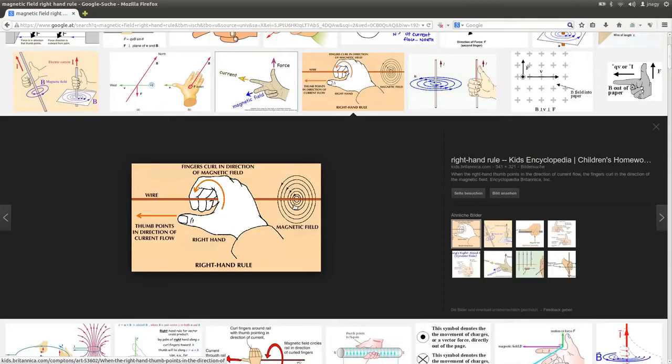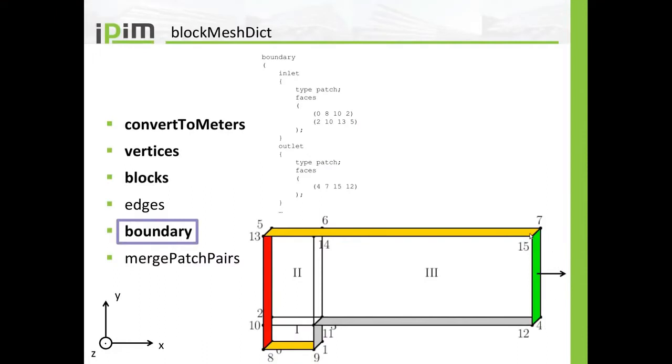If you stretch your thumb and you curl your other fingers and your thumb shows in the direction of your current, then your other fingers will show you the orientation of the magnetic field. You can use this exact right hand rule for the orientation of your vertices here.